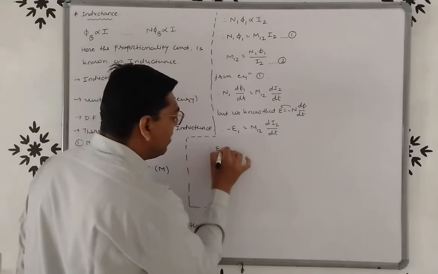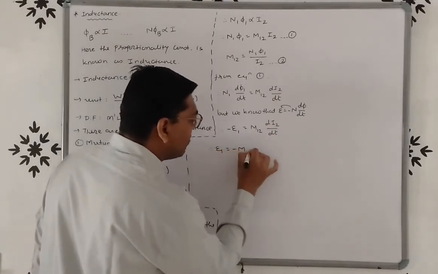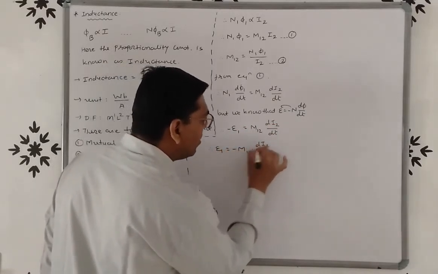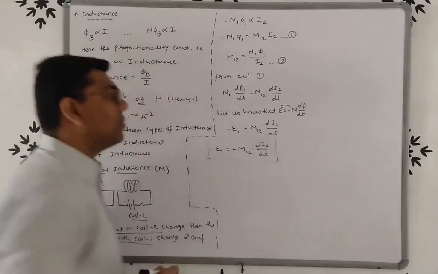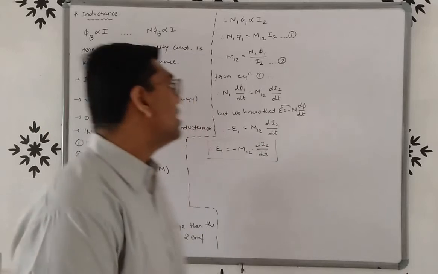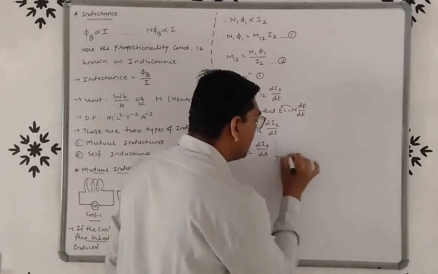So E1 is equal to minus M12 di2 by dt. This is the equation of EMF of coil 1, equation number 3.